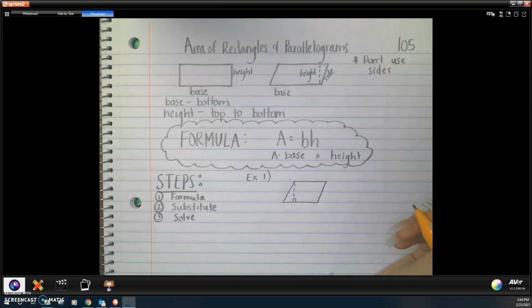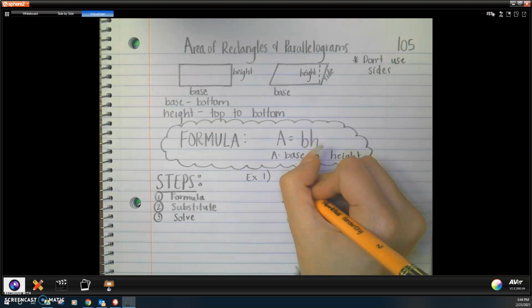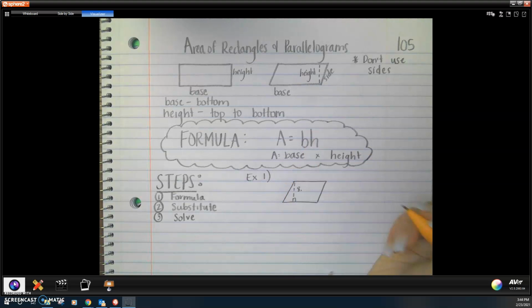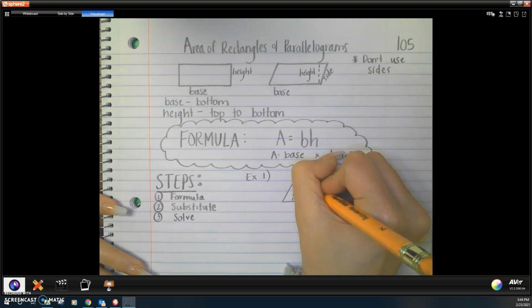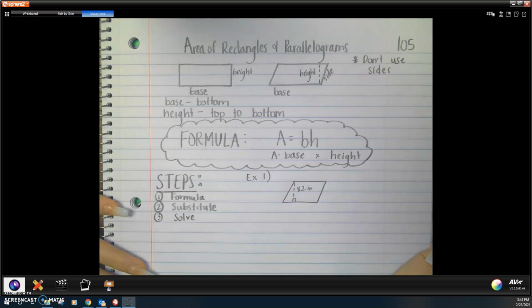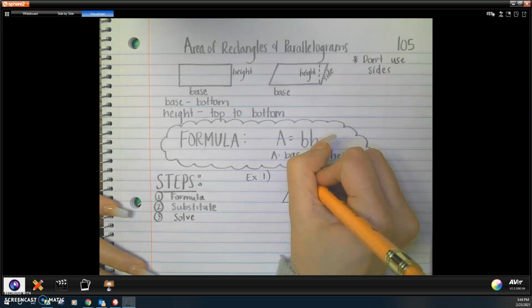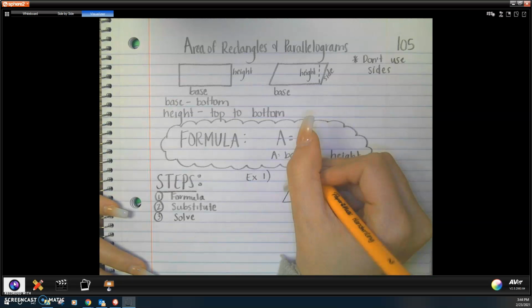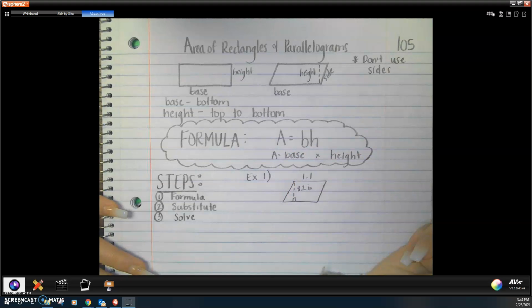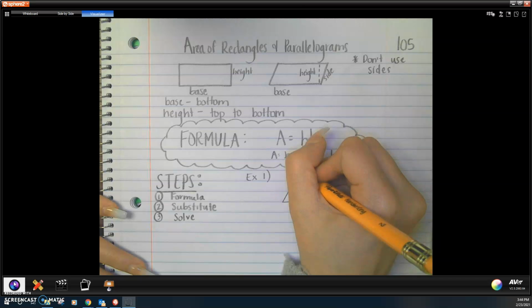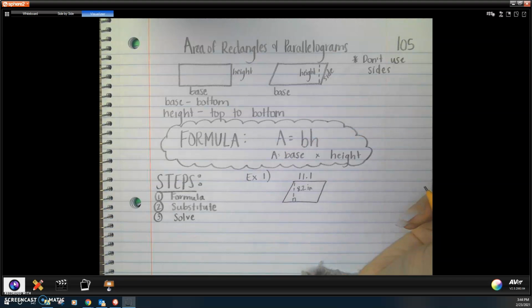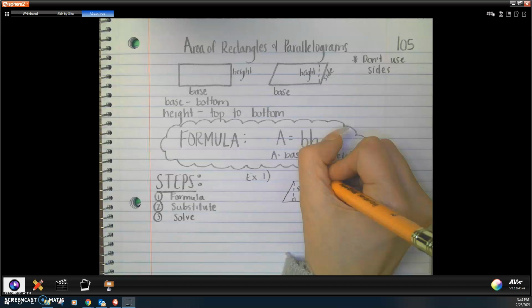Let's pretend they tell you that the dashed line represents 8.2 inches. And then the top represents 11.1 inches.